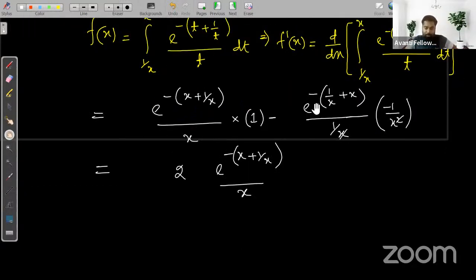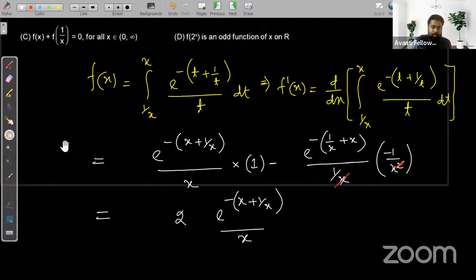Minus, minus will be plus, and in the numerator both are the same. Also in the denominator, after cancelling x here, you get 2 into e to the power minus of x plus 1 by x upon x.